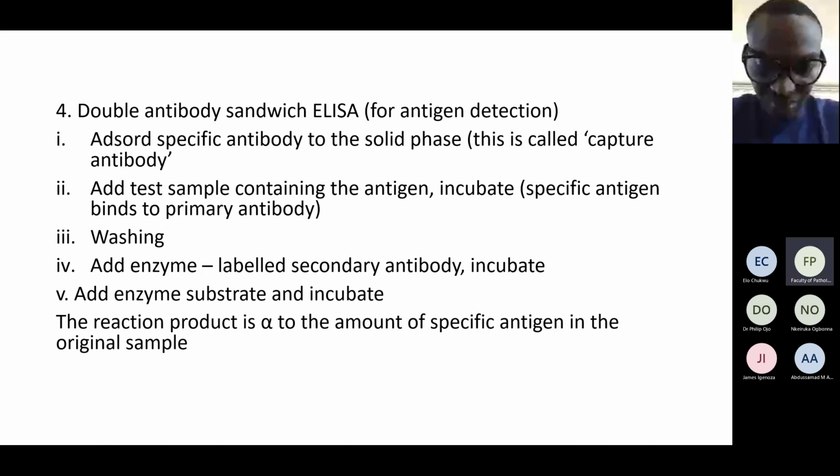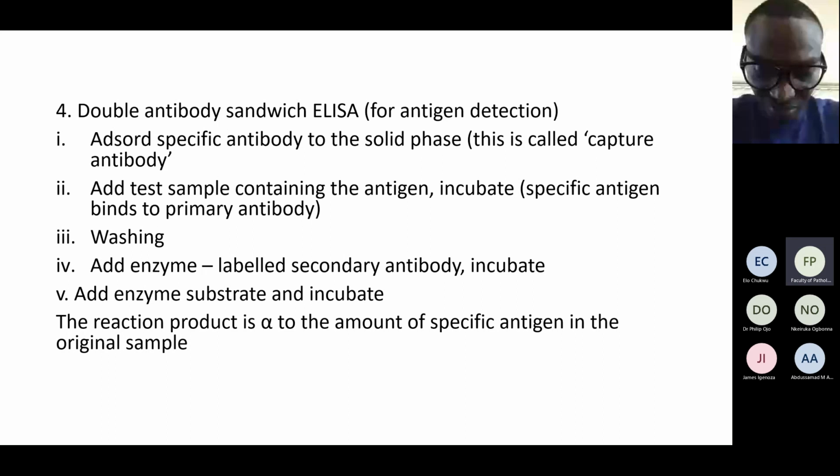And then you incubate for 30 minutes, and then you wash the plate. The third step is now to add an enzyme labeled secondary antibody. So this antibody is enzyme labeled. It's an antibody that can get attached to that antigen.